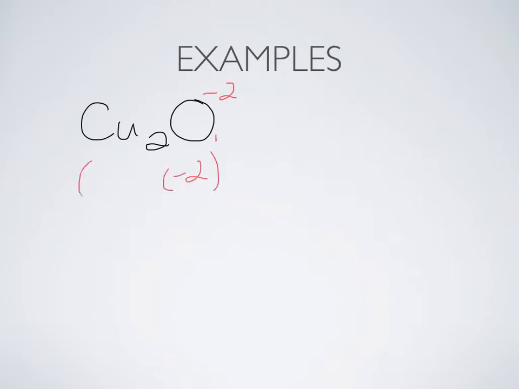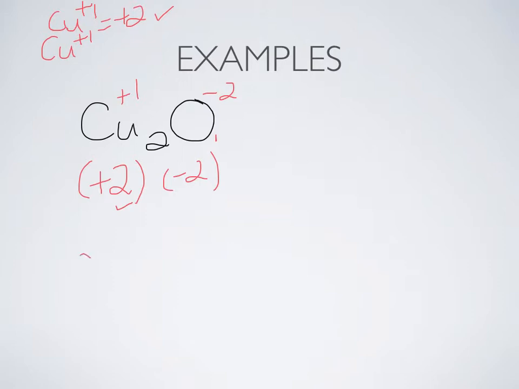So this side has to be +2. But since I have two of these, they each need to have a charge. So they each need to be +1, which equals +2, which works. So that means my charge has to be +1.